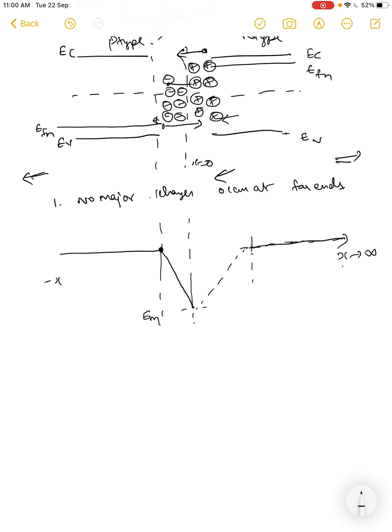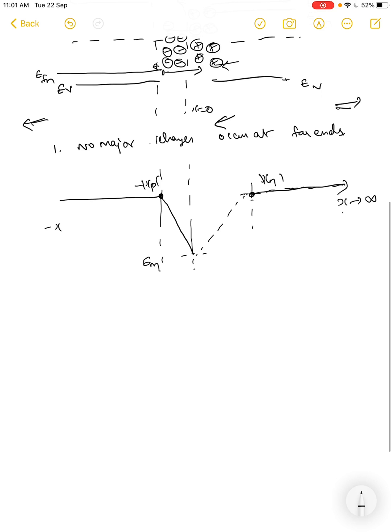So we call this xn, and we call this xp. Remember, there is a magnitude, right? The actual value of x is minus the magnitude of xp. This is what we think, without actually calculating what the exact numbers are. This is what we think the form of these expressions should be, right?